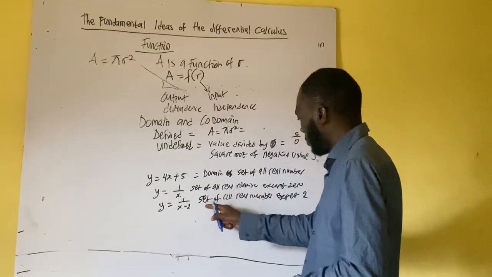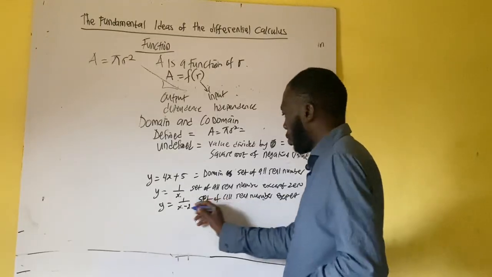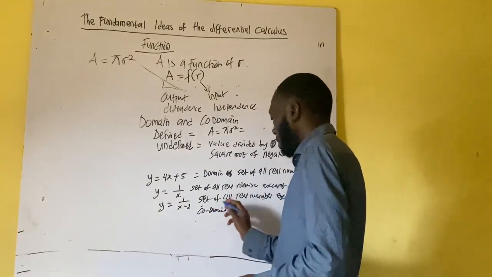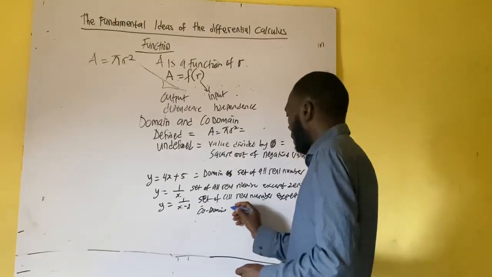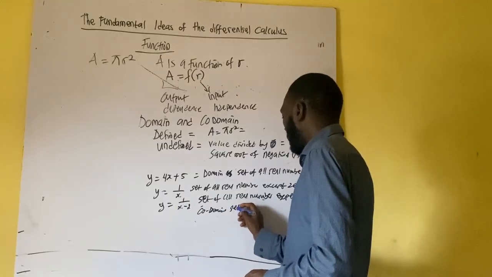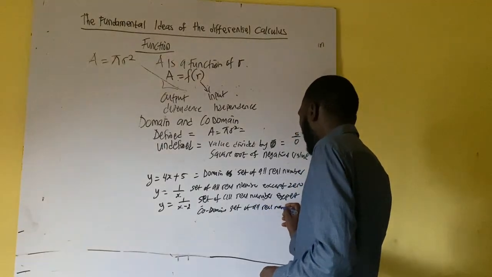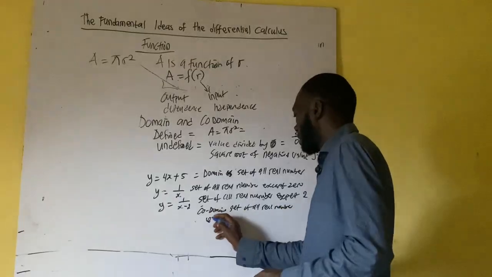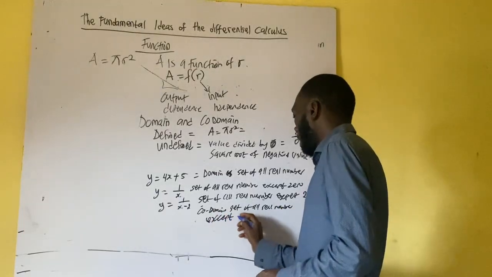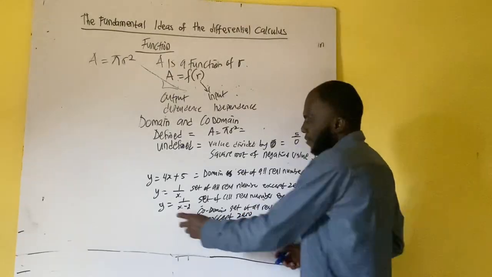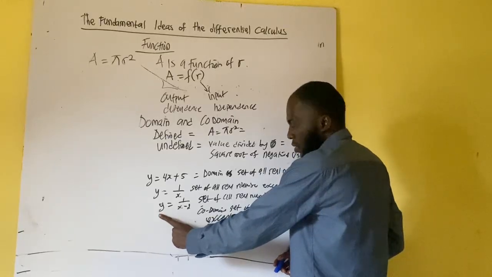This one is for the domain. Now the codomain of this one, the codomain that I cannot get from this. The codomain of this one is the set of all real numbers except 0, because there is no way I'm going to be having y as 0.